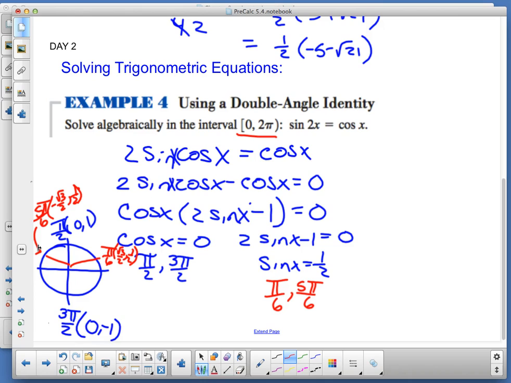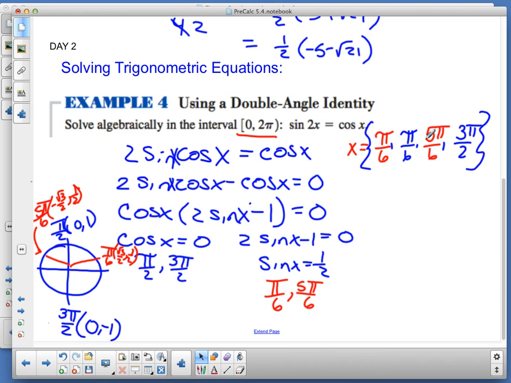So my values of x, and not necessarily in any order, but let's put it in an order: pi over 6, pi over 2, 5 pi over 6, and 3 pi over 2. So I got my solution set. Now remember, this wasn't all solutions, it was just solutions between 0 and 2 pi. We will get to all solutions in a sec here.